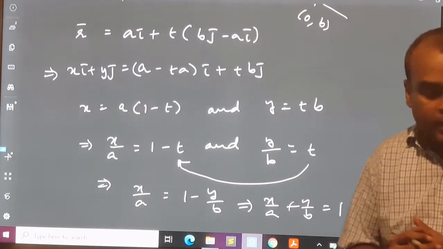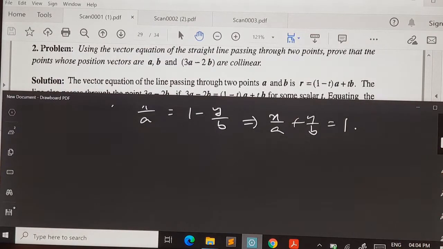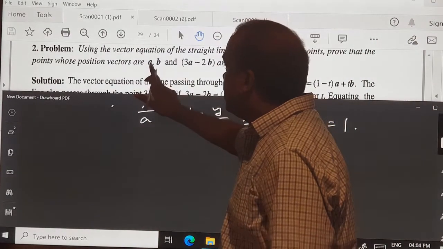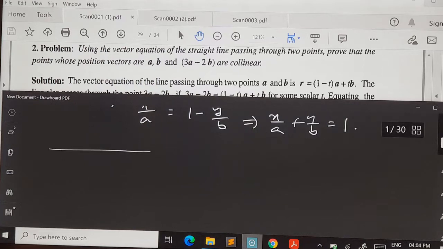Moving on to next solved example. Using the vector equation of the straight line passing through 2 points, prove that the points whose position vectors are so and so are collinear. So let's first find the equation to the line passing through 2 points a bar and b bar.